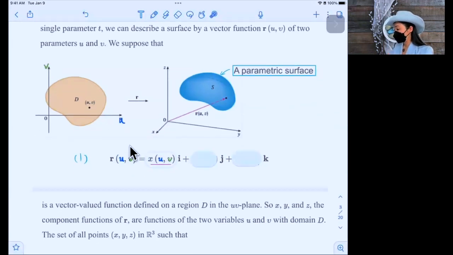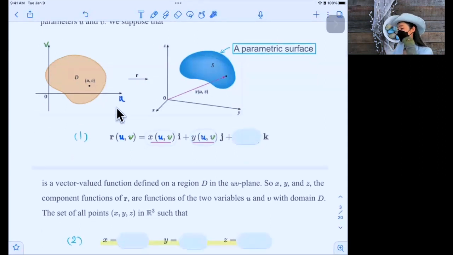So the x coordinate is a function of the two parameters u and v. Similarly, the y coordinate with this point is a function of u and v. So that is y of u, v. And then the last one here, the z coordinate is also a function of u and v.